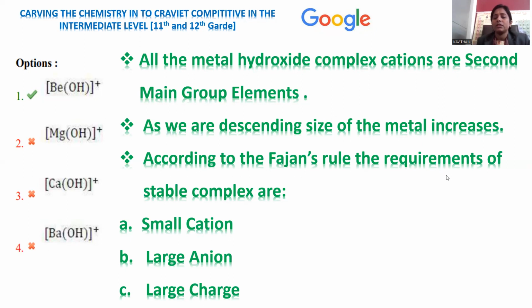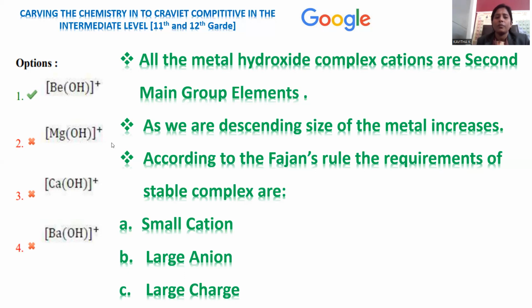According to Fajans' rules, there are many requirements to form a stable complex. I am considering only these. A small cation is favorable. As we are descending, the size of the metal increases. All are monopositive only, so the charge will not affect their size.